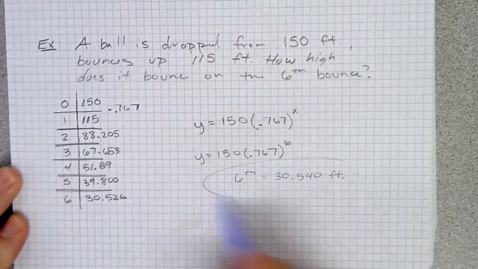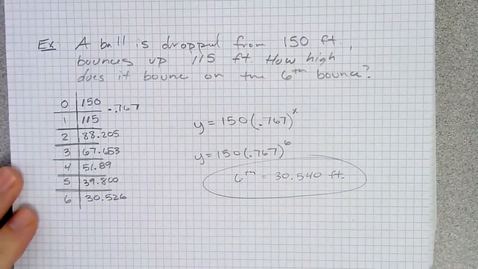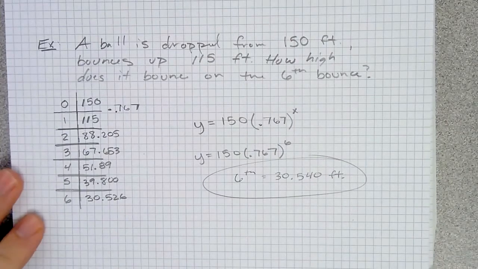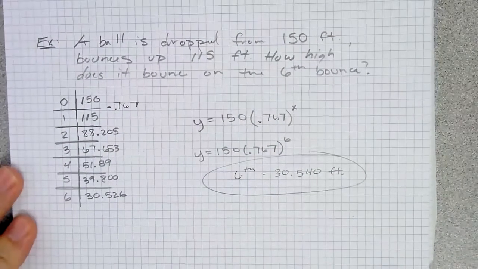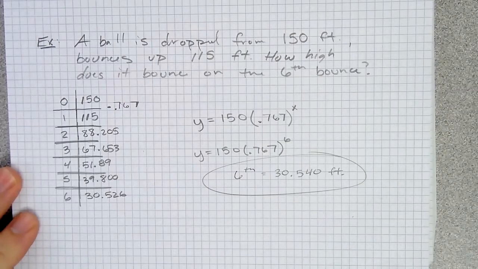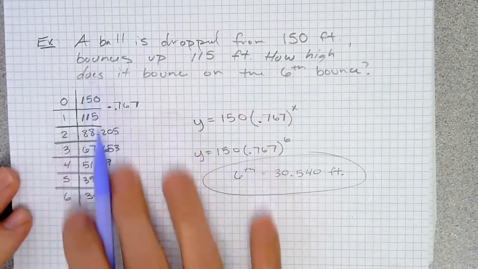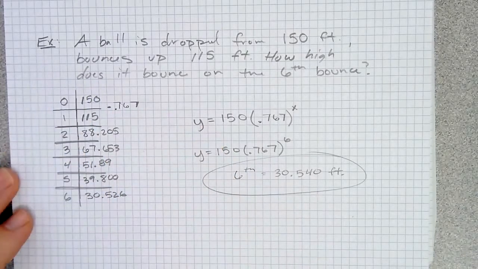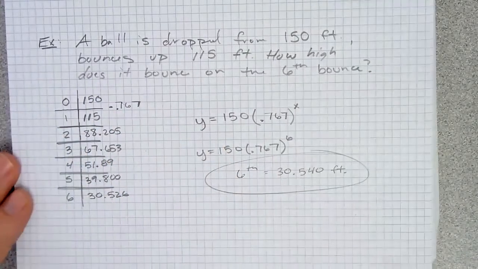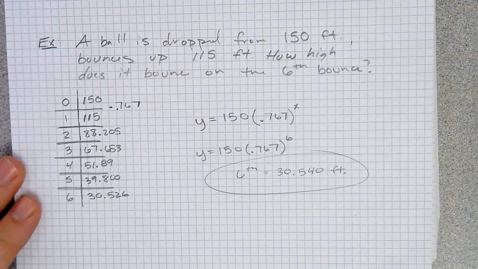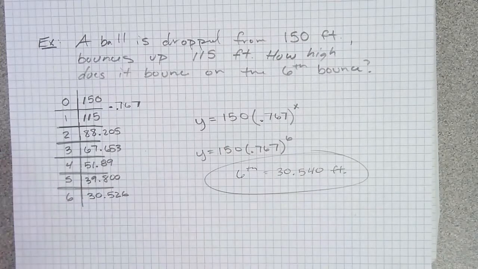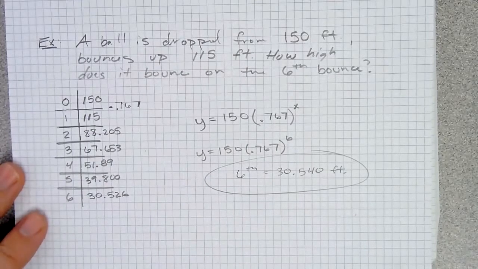Okay, so the 6th bounce should bounce up to about 30.5 feet. The equation is definitely a lot quicker. Okay, if I asked you for the 10th bounce, going all the way down to 10 would be pretty time consuming. Okay, but using the equation is always going to be a little bit easier.